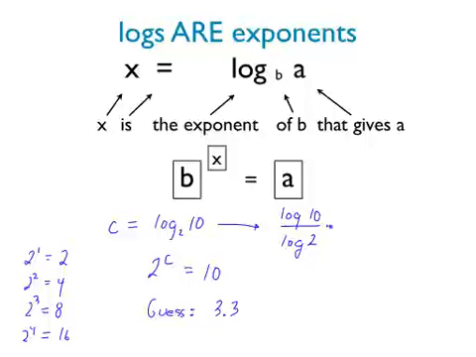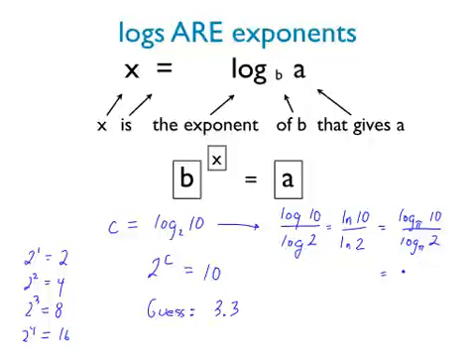You can change it to any base you want. So you can do ln, or I could do log base pi of 10 over log base pi of 2. Doesn't matter. You can choose any base that you want. Since we're using our calculator to do it, we're going to use one of the two that you have built in as a button.